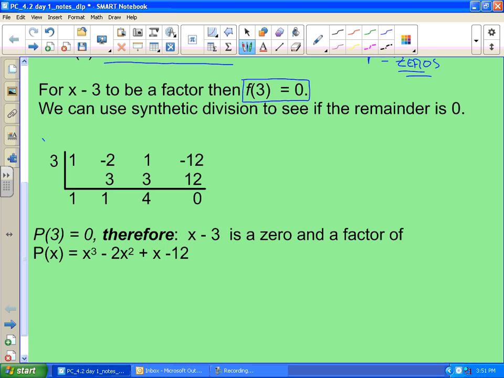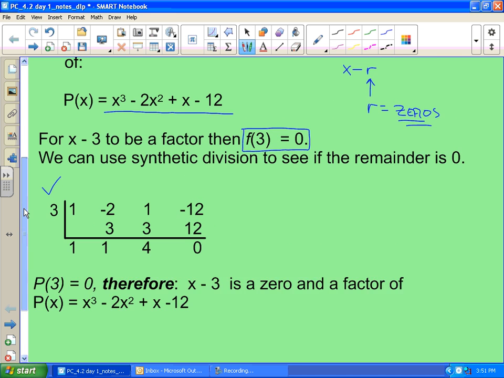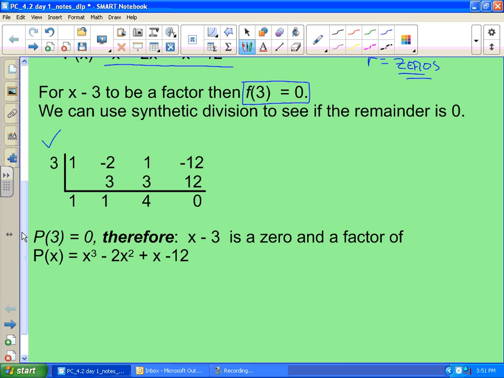So here we are setting it up, putting things in descending order, and then replacing any missing terms with 0. So we're all set. We discover that, yep, we get a remainder of 0. So that then therefore means that x minus 3 is indeed a factor, and we can begin to factor this polynomial.